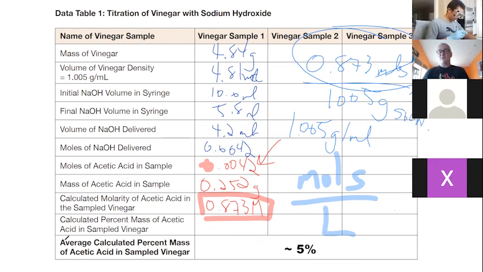And that's precisely what I want because that is percent mass. That's my mass of the solute, which is my acetic acid, divided by the mass of the solution, which is the denominator. So when I do that, times 60.052, I've got 52.44 grams of acetic acid divided by 1,005 grams of solution.